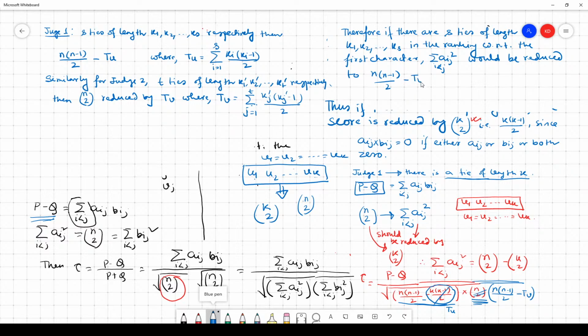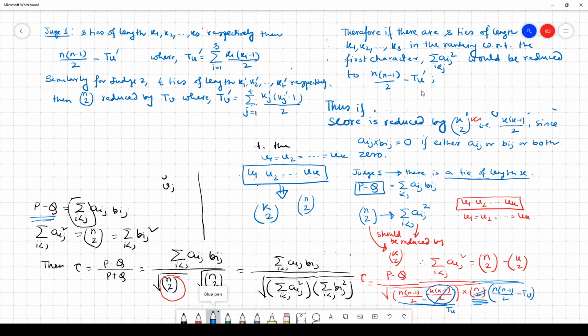I think it is better to write tu dash, because in Spearman rank correlation I denote this by tu.